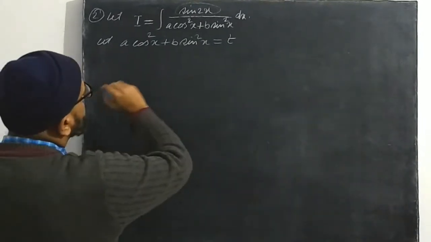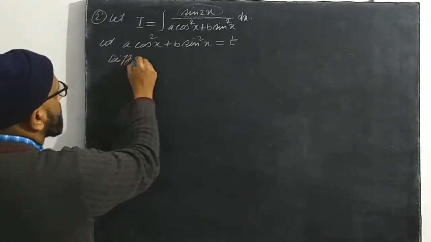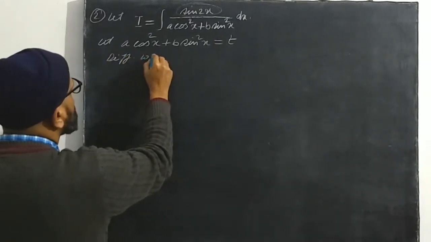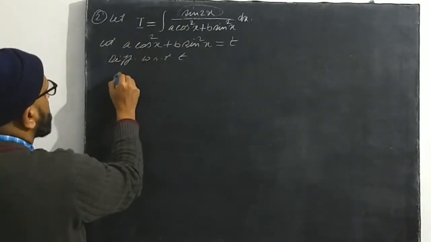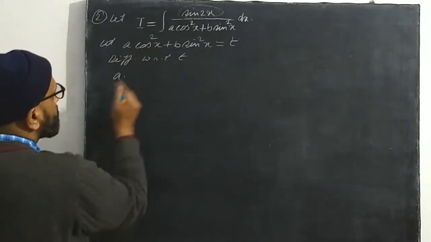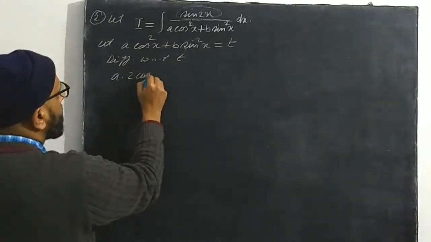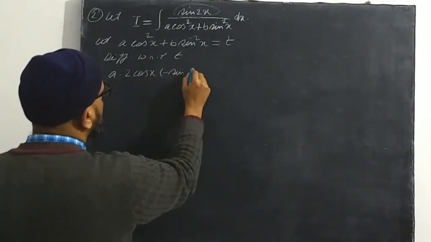But you will have to remember this. So differentiating this function with respect to t, we get a, as it is a constant coefficient, and the differential of cos square x by chain rule is 2 cos x into minus sin x.